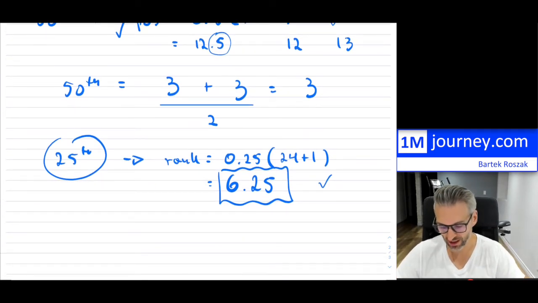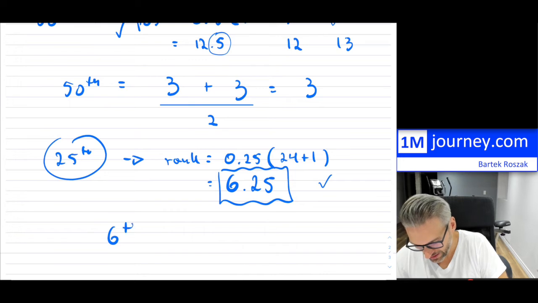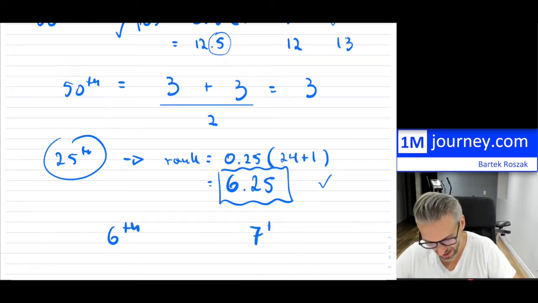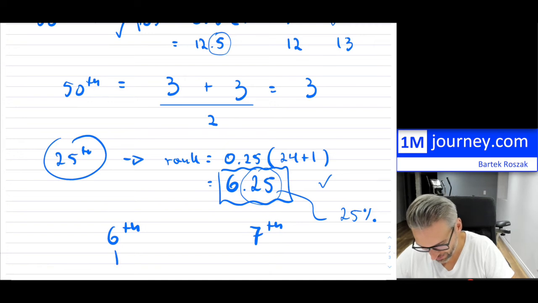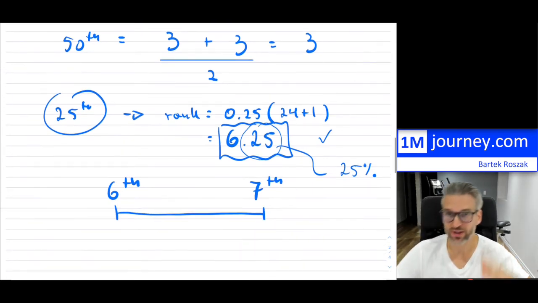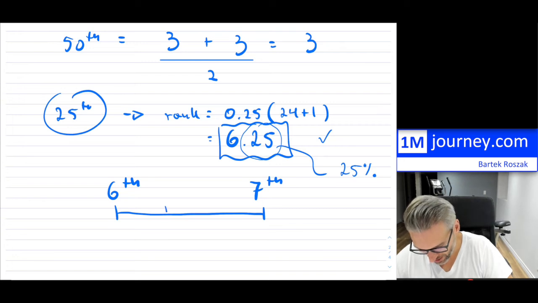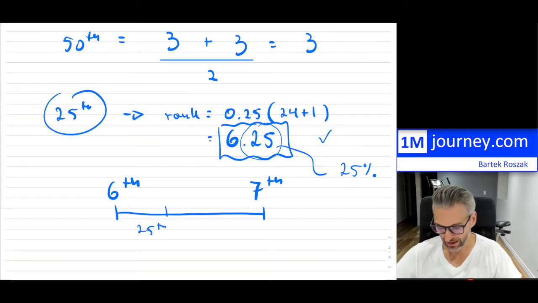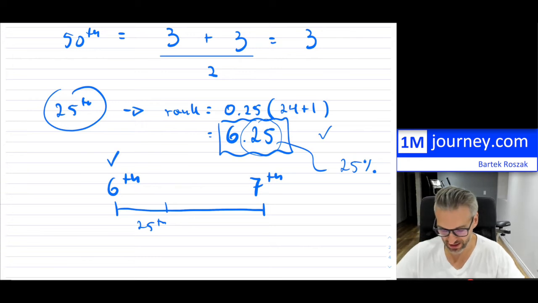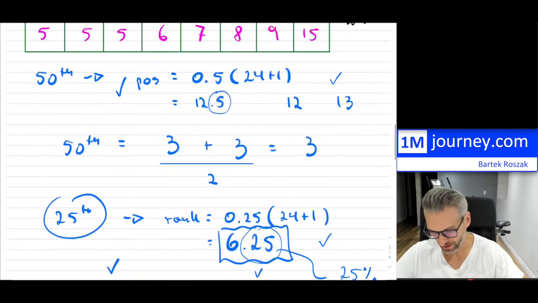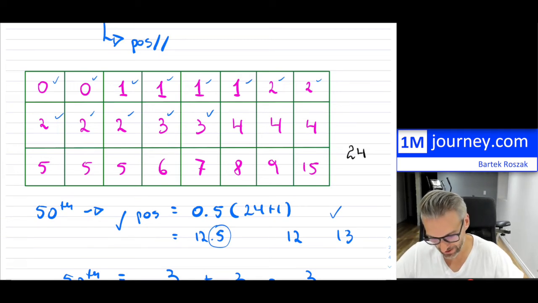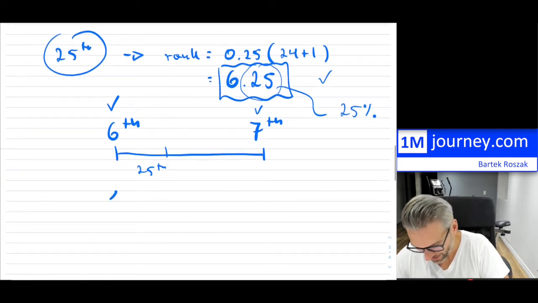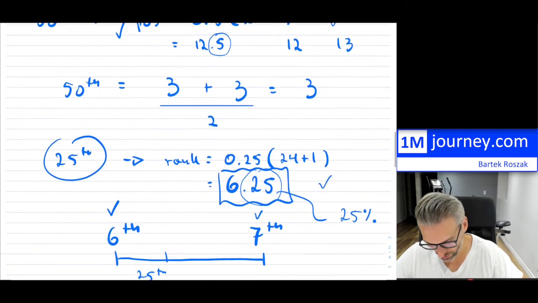6.25, well, that's interesting. What that is telling me is that I'm going to take the 6th data point and the 7th data point, and this fraction is basically 25% between these two points. So it's not at the half; it would be about here, which is 25% in. Now I have to find out what my 6th value and my 7th value are. So my 6th value, that's 1, 2, 3, 4, 5, 6. So 6 was 1, and 7 was 2.